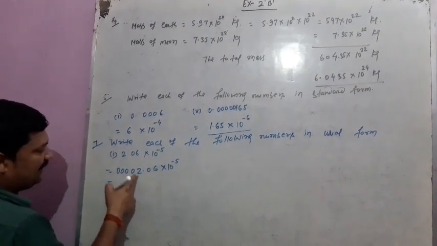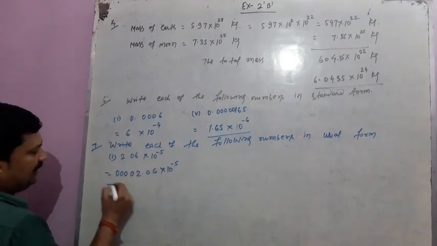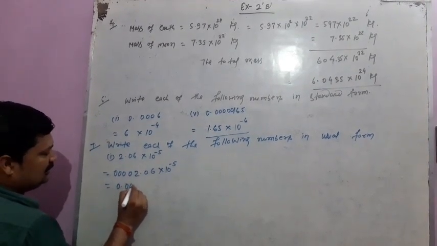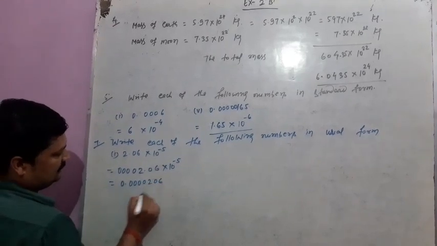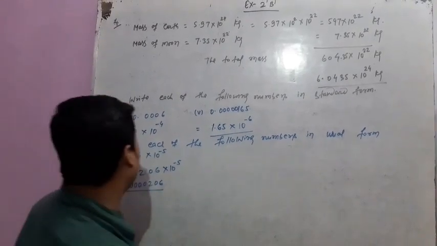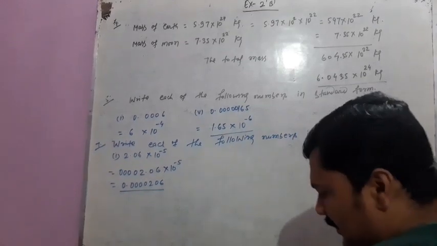Now we will put the decimal after 1, 2, 3, 4, 5 digits. So 0.0000206. That is the usual form of 2.06 into 10 to the power minus 5.